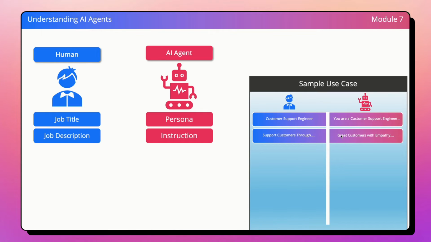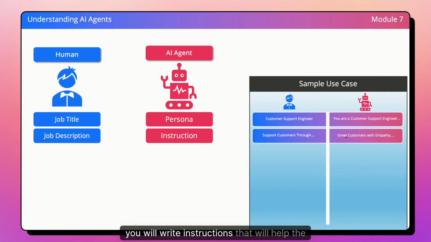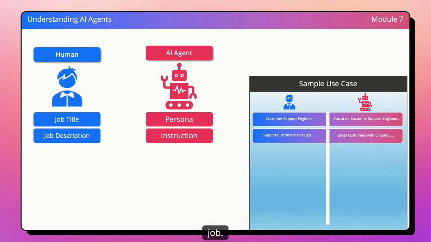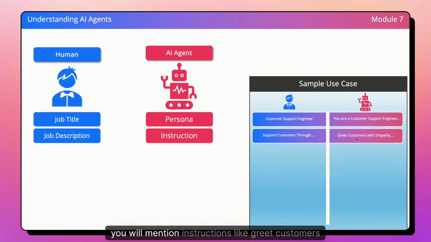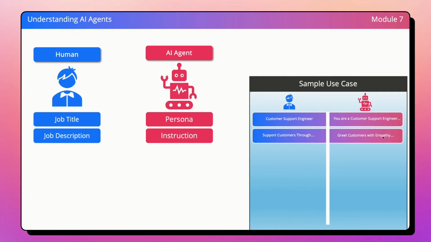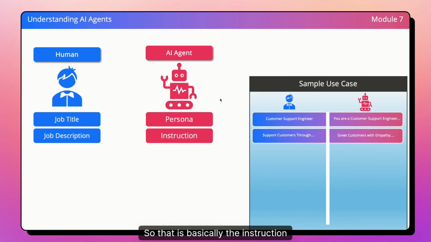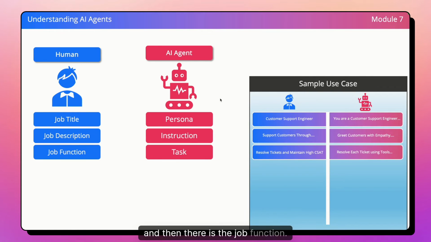Now, similarly, when you are creating an AI agent, you will write instructions that will help the agent perform the ultimate job. So here you will mention instructions like greet customers with empathy and start with whatever is the next step. So that is basically the instruction. And then there is the job function.